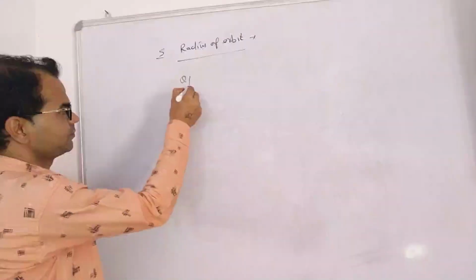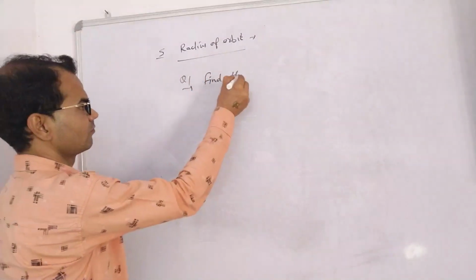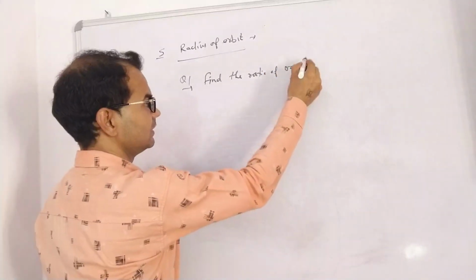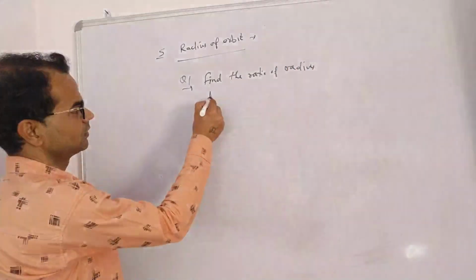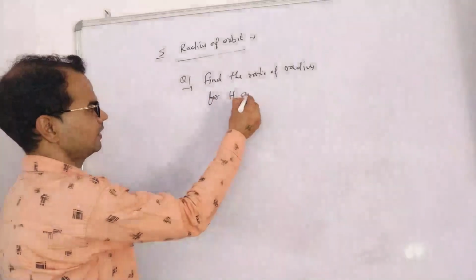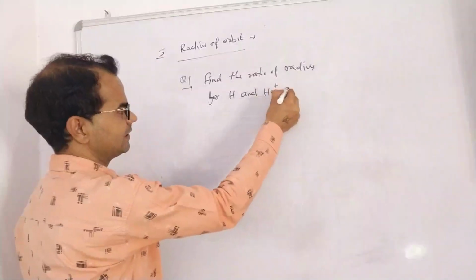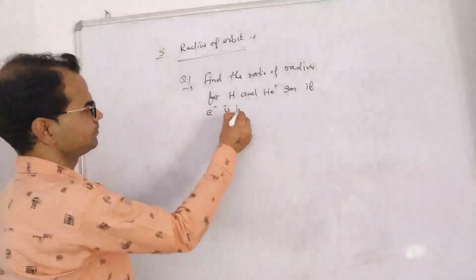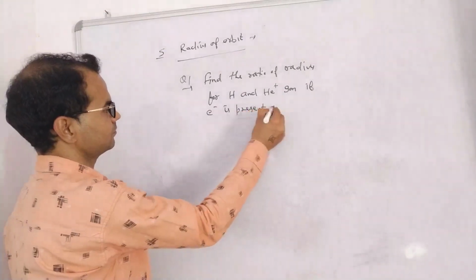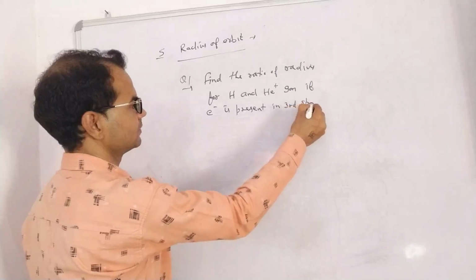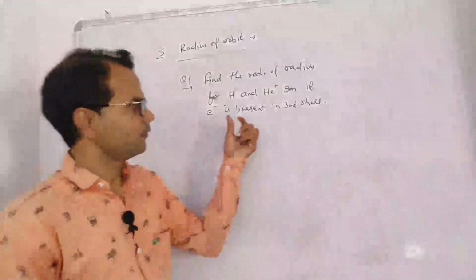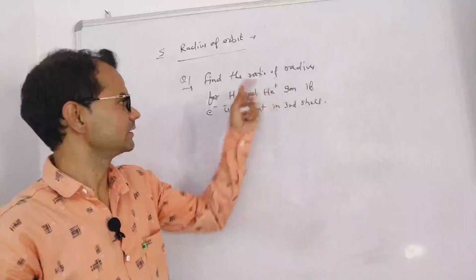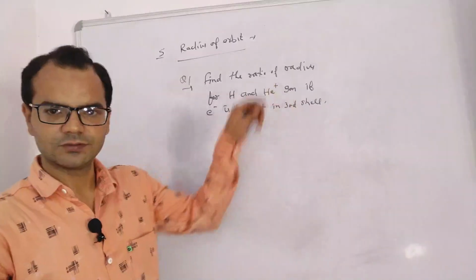Question is, find the ratio of radius for hydrogen and helium ion if the electron is present in the third shell. Now we can see the shell is the same, the orbit is the same, and we have to find the ratio of radius for hydrogen and helium.